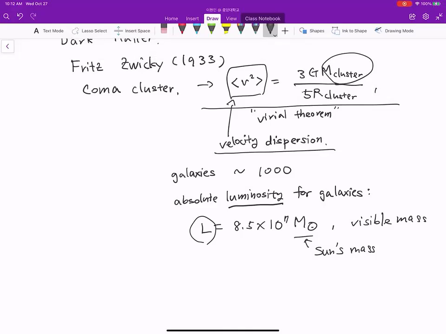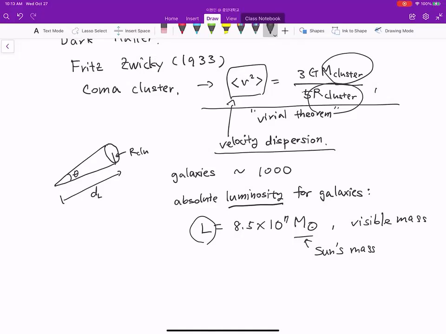And we know the angular size of the Coma cluster, and we know the distance. So this is the Coma cluster, with angular scale theta, and the distance to the Coma cluster we call the luminosity distance.